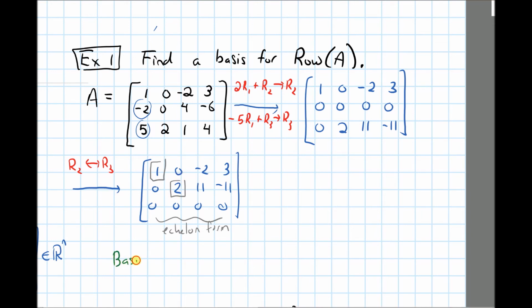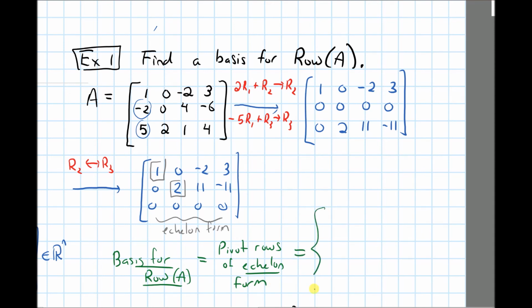So the basis for the row space of A. Let's remember, that's the pivot rows of an echelon form. So we're looking at the pivot rows, but in the echelon form.